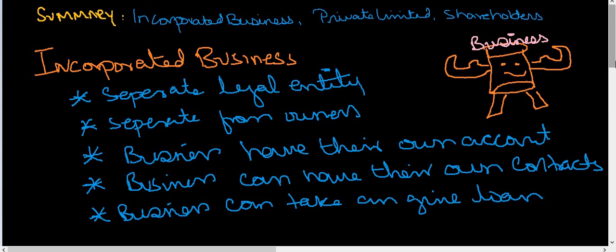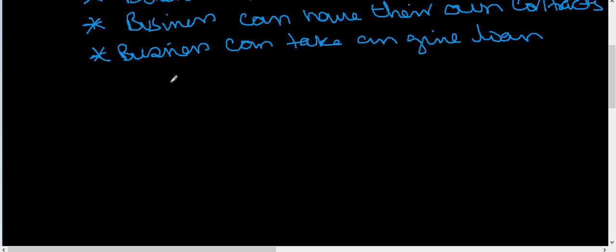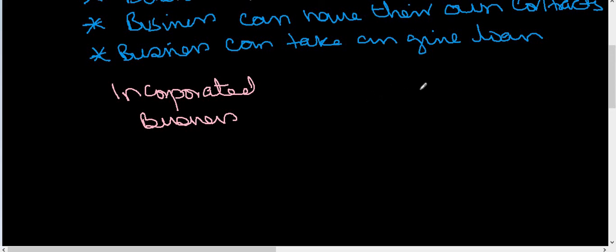So when you talk about incorporated business, there are two types of incorporated businesses and unincorporated businesses.